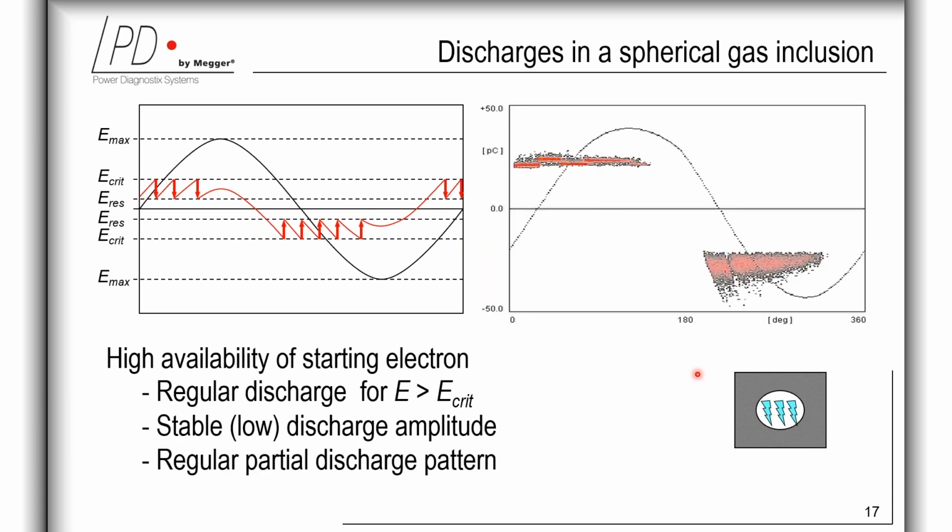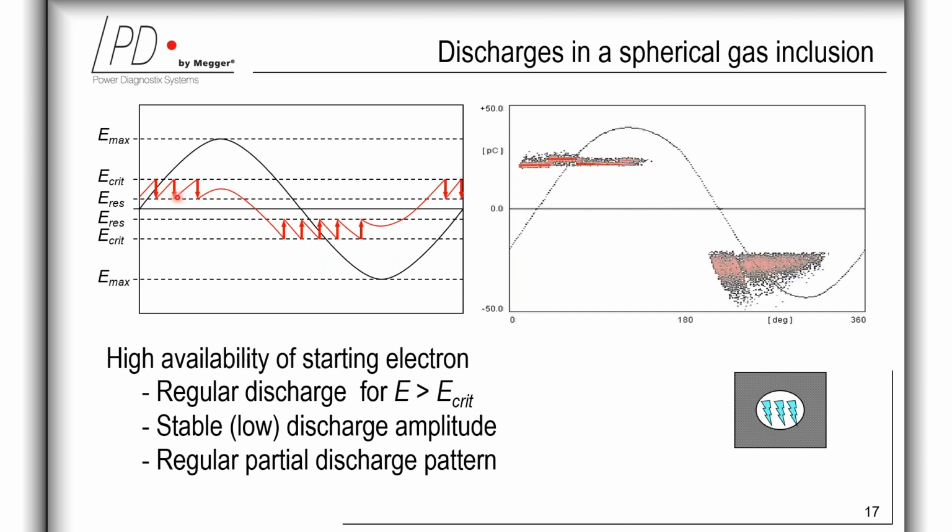So now we are moving into the discharges in spherical gas inclusions. Here, in this case, we assume a high availability of starting electrons. Here you see the applied voltage, which is a sine wave, and then the red lines here are showing the internal electric field.